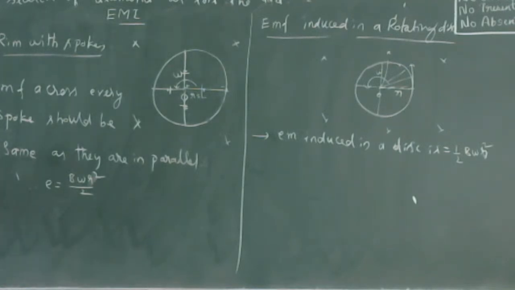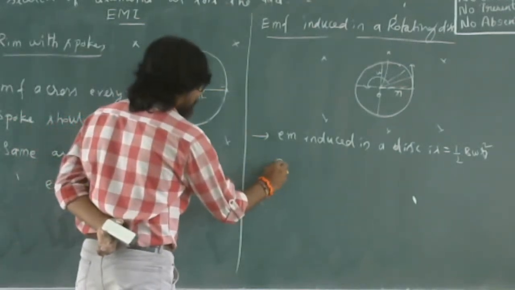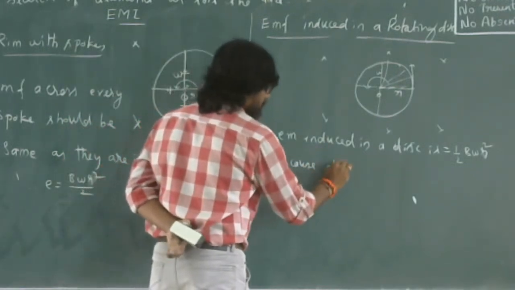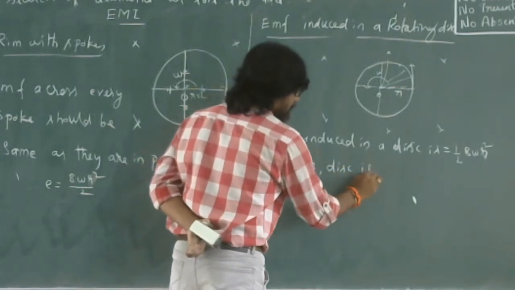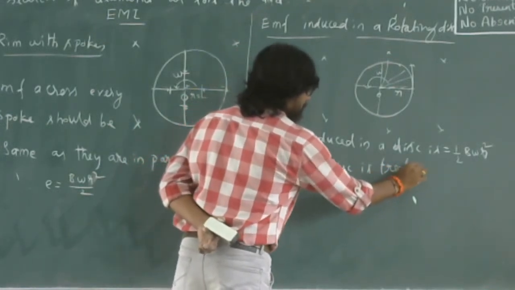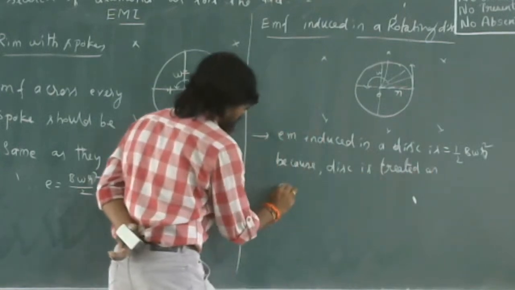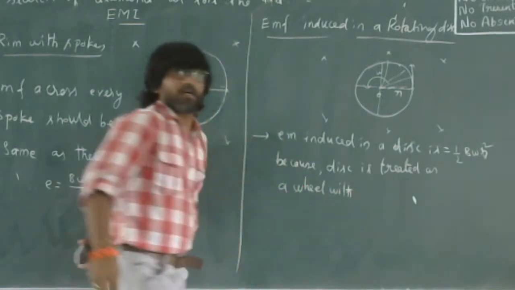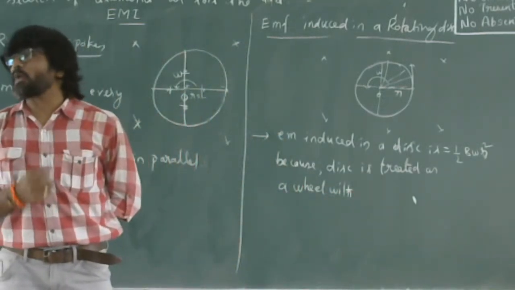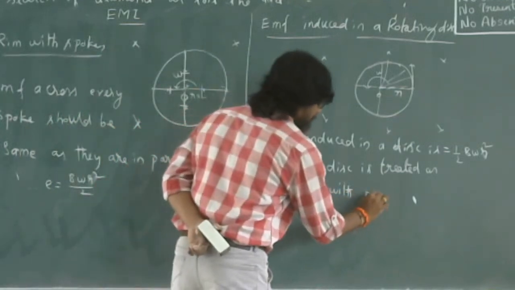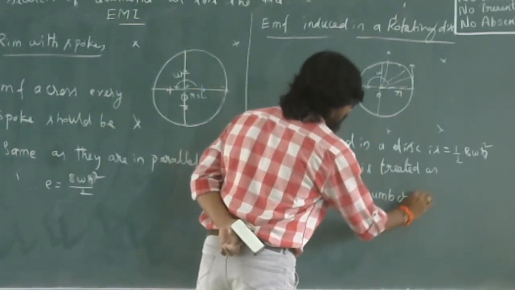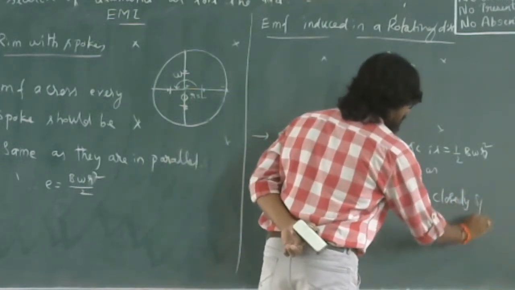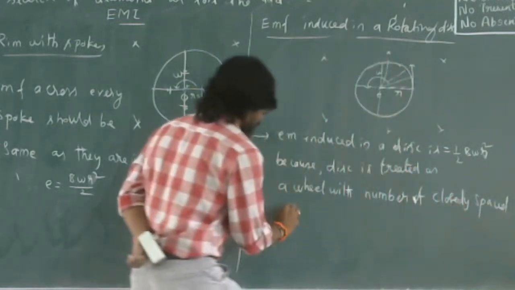Simply you have to write one word here, because the disc is treated as a wheel with a number of closely spaced spokes.